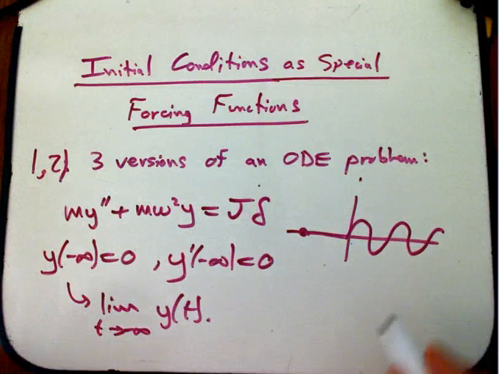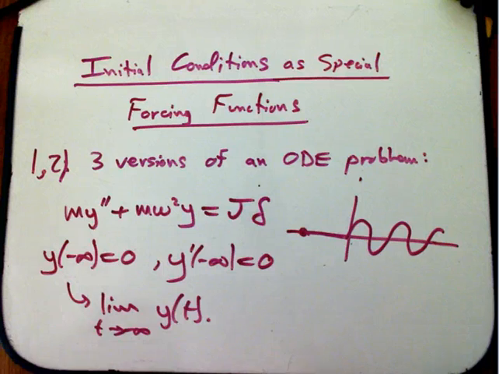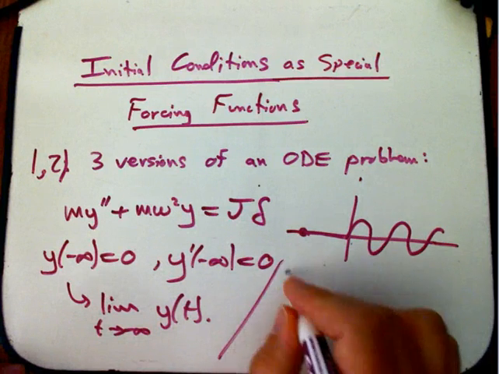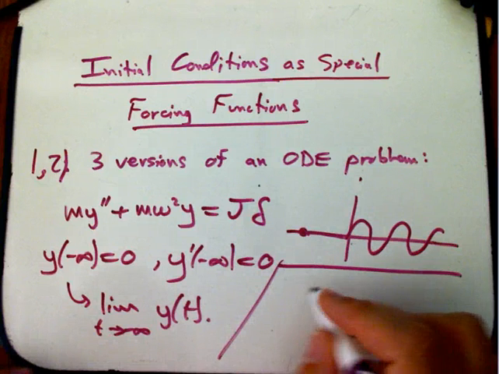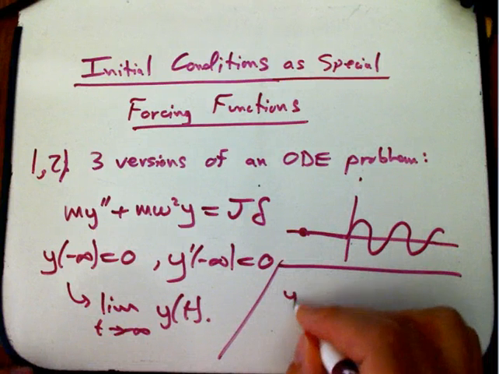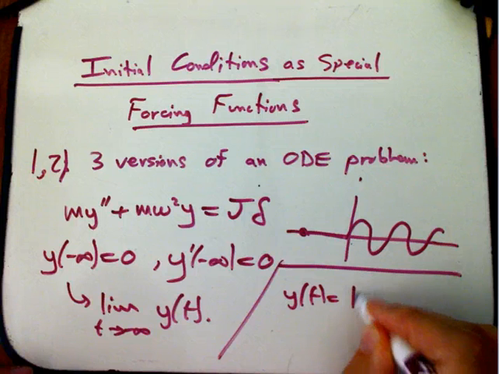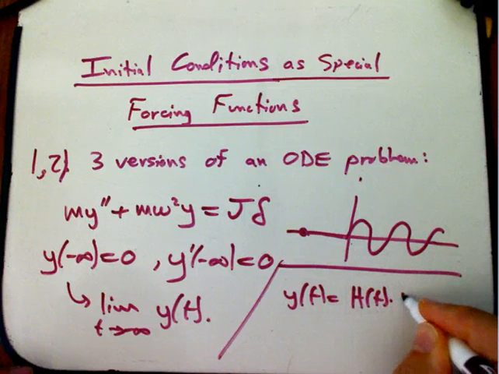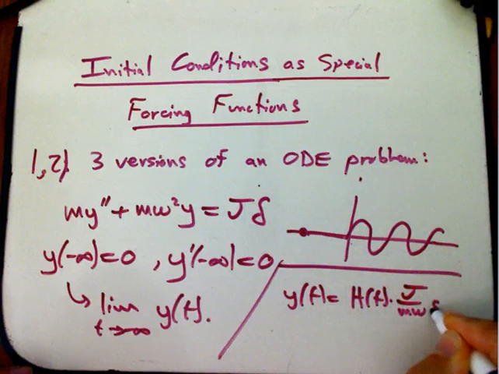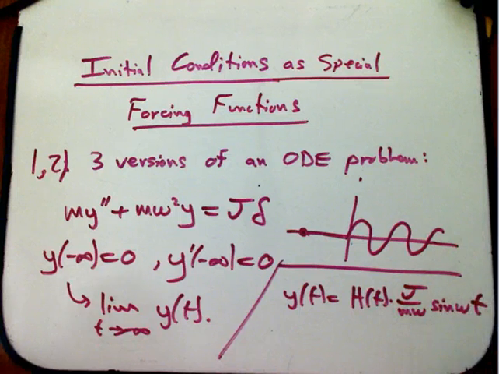So we really already know the answer to this question. Is it really true that these are all equivalent? Well, one way to see that they're all equivalent is that y of t equals h of t times j over m omega sine omega t solves all these problems. It's very easy to show that it solves the first two versions.